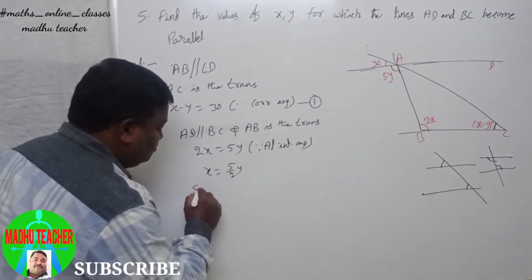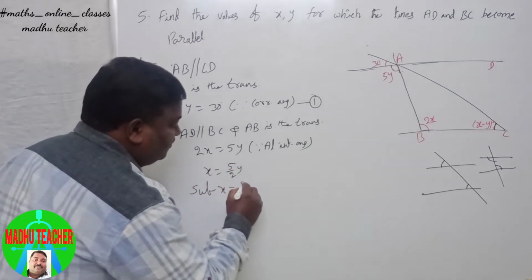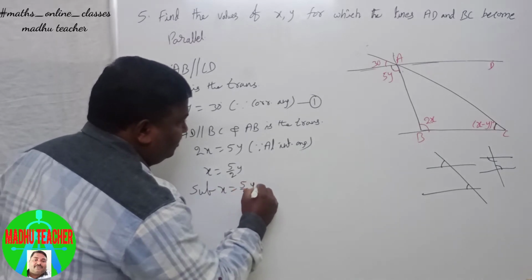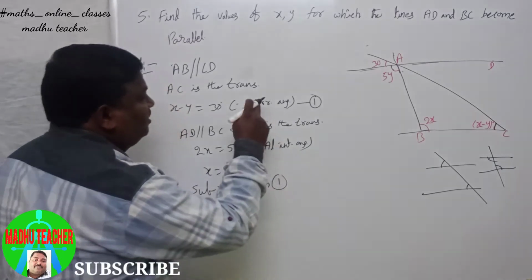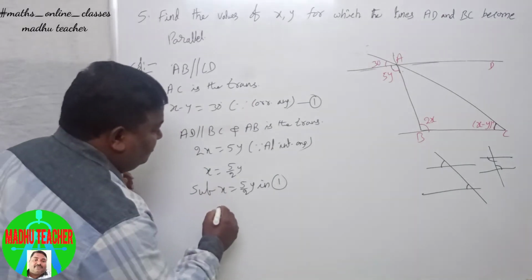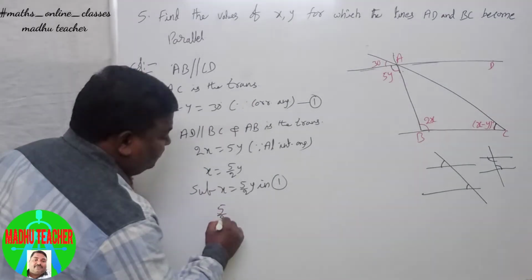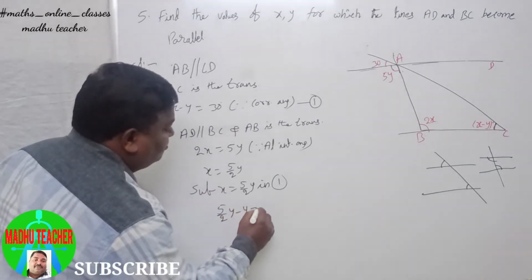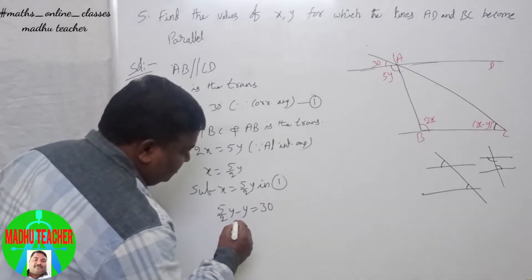So substitute x equals 5 by 2 y in the first equation. That becomes 5 by 2 y minus y equals 30.